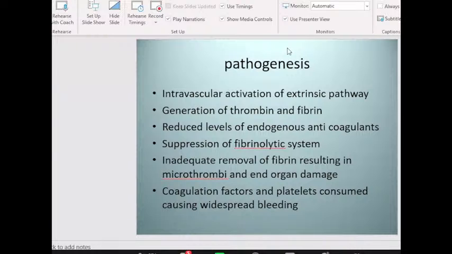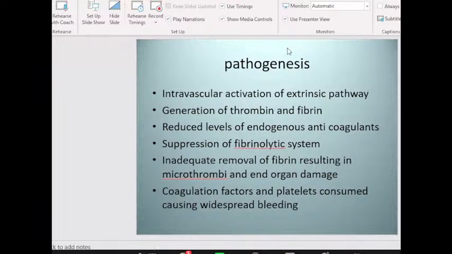The treatment is to immediately treat the cause, whether it is a severe infection, whether it's an obstetrical cause. If it's a snake bite, then you need to use the appropriate antivenom. So the first thing you have to do is identify the cause and treat the cause.